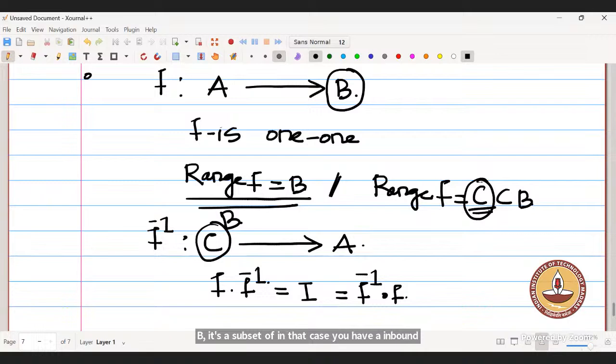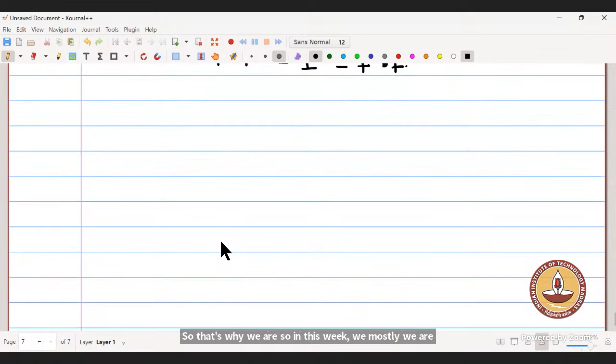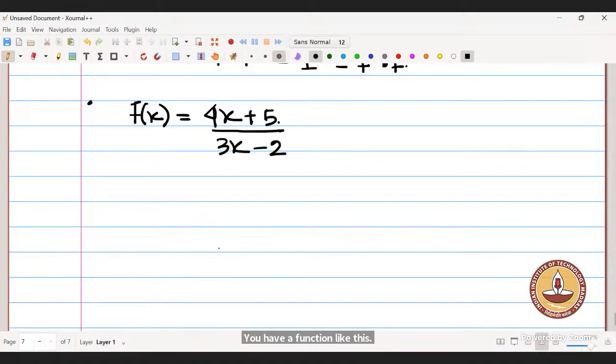So that's why this week we are focusing on 1-1 functions. Let me take an example. Let's say you have a function like this. Do you think this is a 1-1 function?